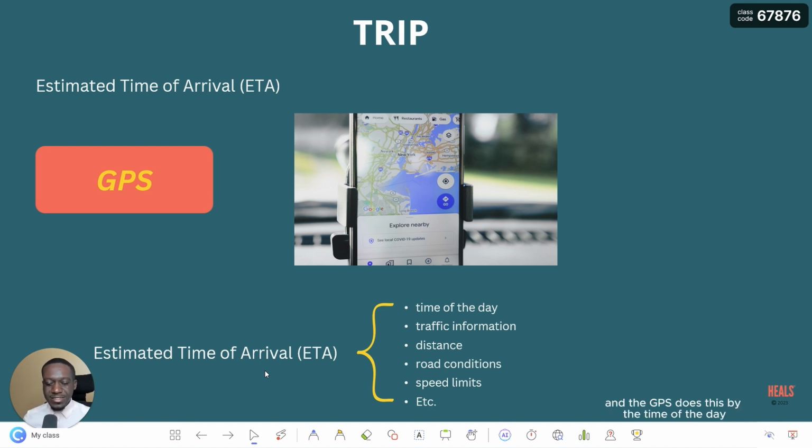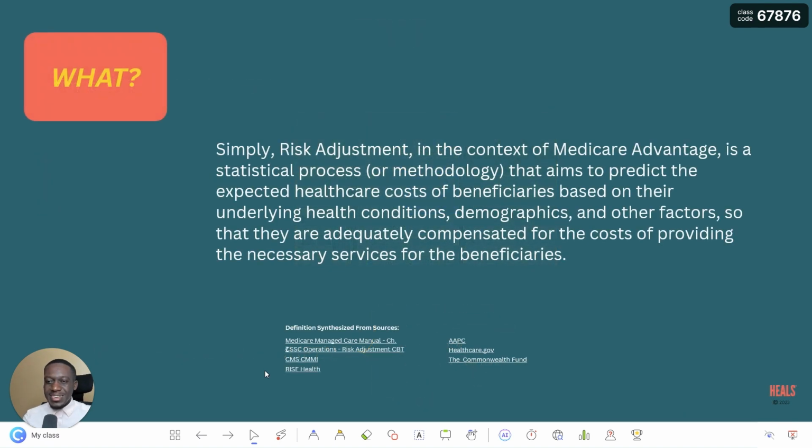The GPS does this using the time of the day, traffic information, distance, road conditions, speed limits, and some other factors, and it spits out an estimated time of arrival for you. With that estimated time of arrival, you are able to know when to leave and to get to your destination on time. We'll use this to help simplify risk adjustment.